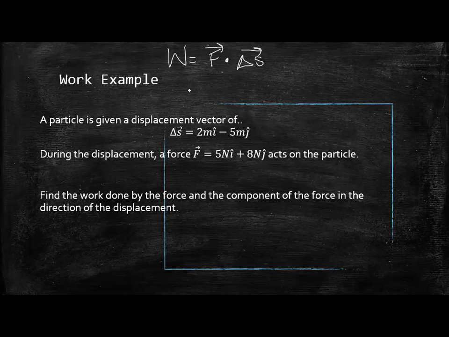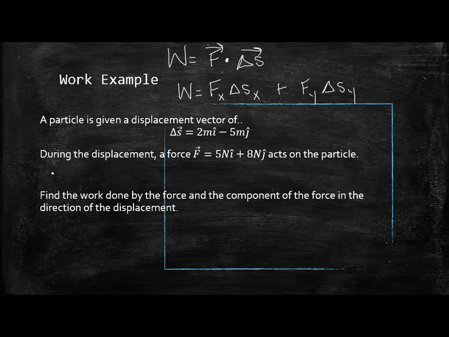So in that case, work is going to be equal to the force in the x direction times the displacement in the x direction plus the force in the y direction times the displacement in the y direction. So let's do that part first and figure out what our work is going to be, and then we can figure out the other part of our problem.